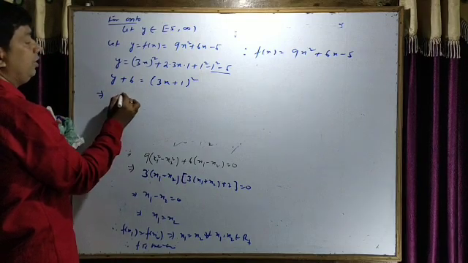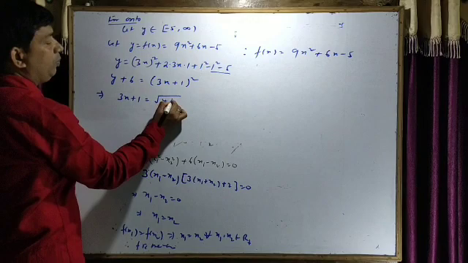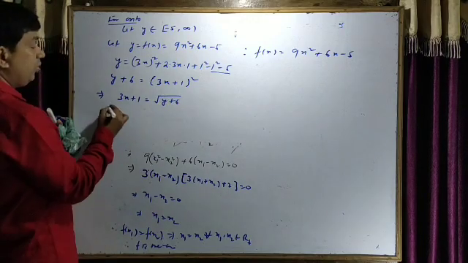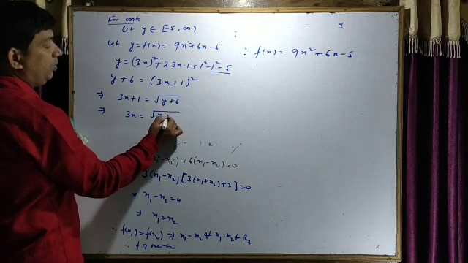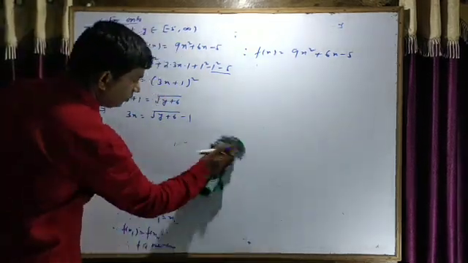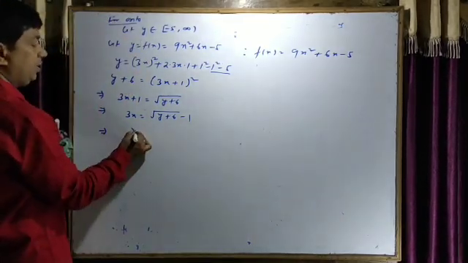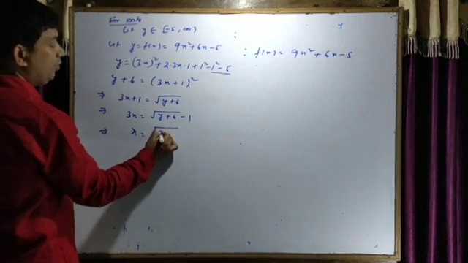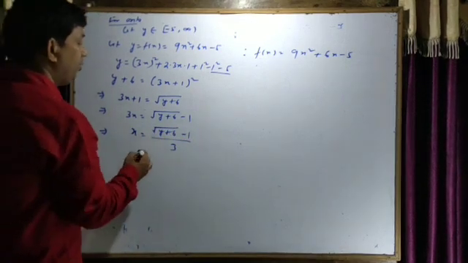This implies 3x plus 1 equals root under y plus 6, so 3x equals root under y plus 6 minus 1. This implies x equals (root under y plus 6 minus 1) by 3. So this is the value of x.